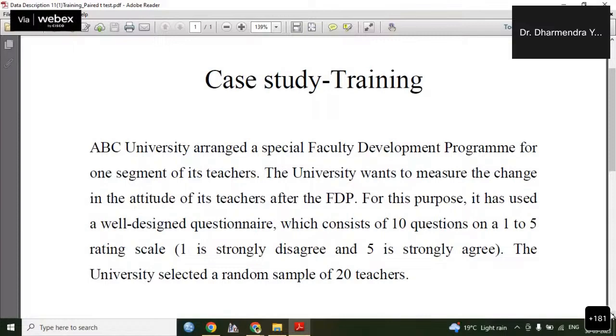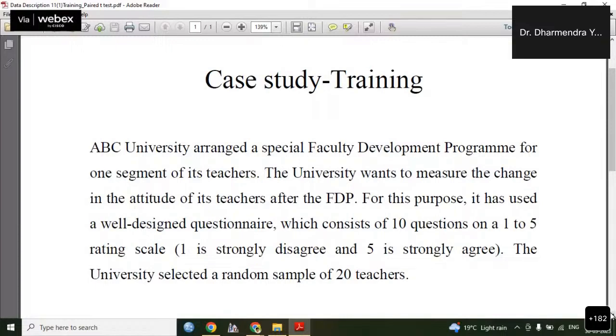Then we check whether there is any significant difference in the domain knowledge of statistics before and after attending this workshop. Only then can you identify whether this program is useful for you or not.